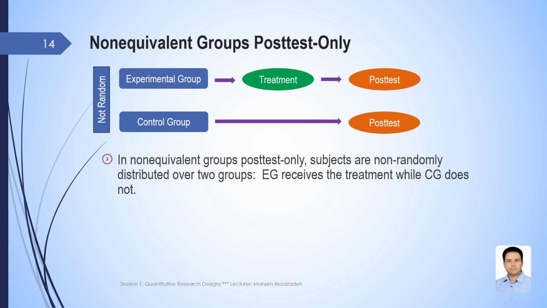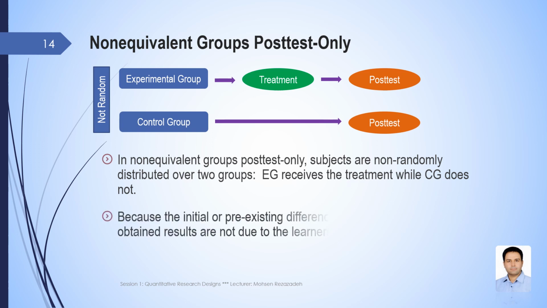This is why we call it a quasi-experimental design, and we call it non-equivalent group design because there are two groups which are not equivalent. And we call it post-test only because we only have post-tests. We don't have any pretests.